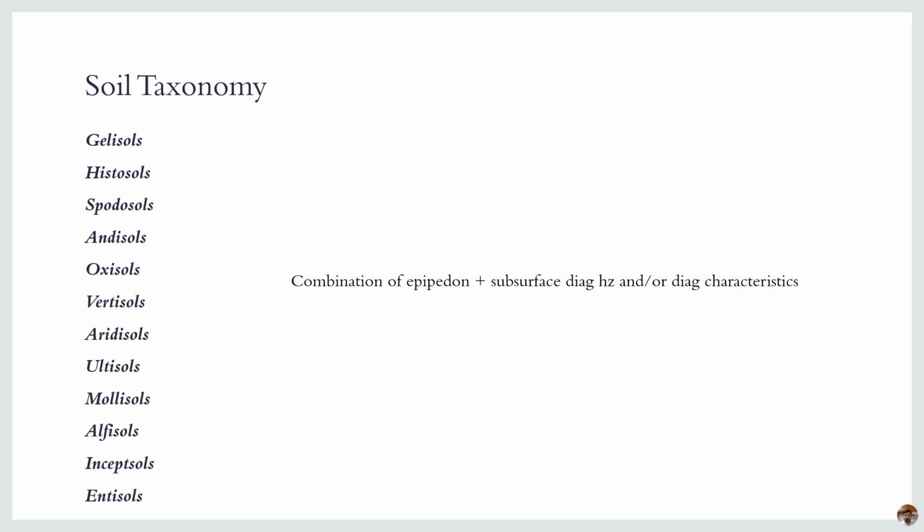They possess permafrost, and the presence of permafrost and/or materials that evidence cryoturbation, the gel-like materials, give us the soil order, or could help us to classify soil as gelisols. Today, we will talk about the histosols and spodosols.